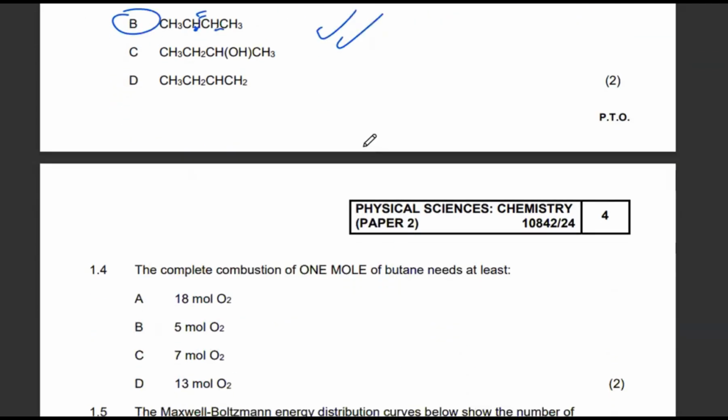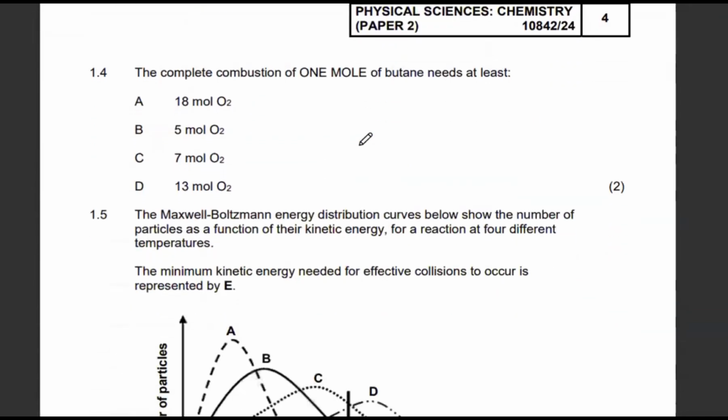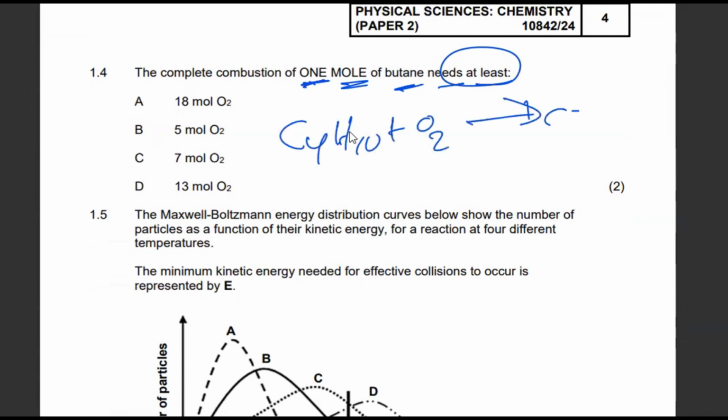The next question, they're saying that the complete combustion of 1 mole of butane needs at least. If you do the butane, you'll find out that butane plus O2 gives you carbon dioxide plus H2O. When you balance it, you'll find out that you need more than 5 moles of oxygen, 5 moles of oxygen here.